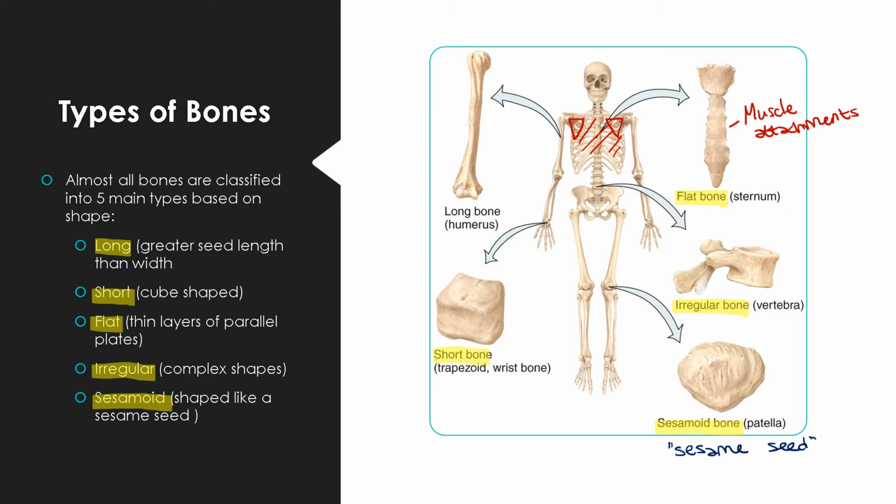They're also going to develop in tendons where there is a lot of tension and a lot of physical stress, such as the palms of the hand and the soles, or also in the knee. Now these bones kind of vary from person to person, and they're not always completely ossified.